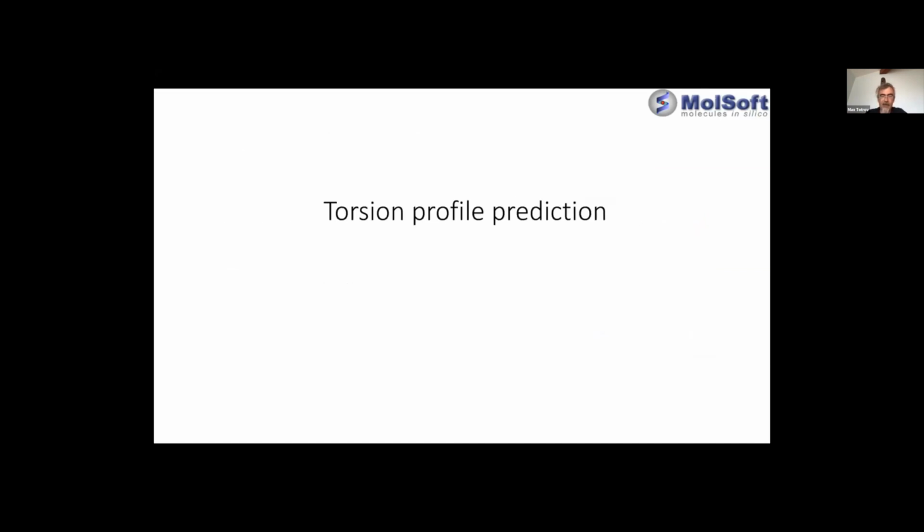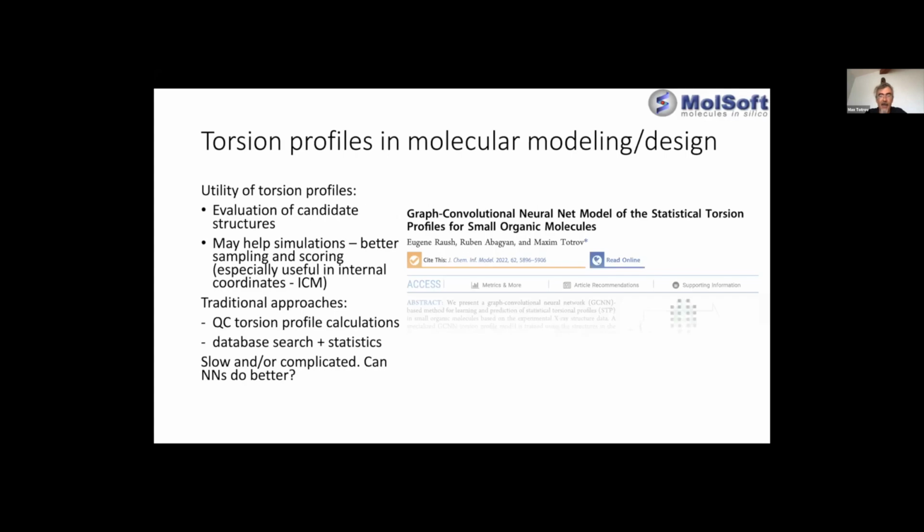Now, I will spend a while on the next model, which was about prediction of torsion profiles. Why torsion profiles? It's a pretty common problem in molecular modeling or design, where you see some model of, let's say, a ligand in a binding site or otherwise, and you want to understand whether it's in a relaxed state, whether the torsions are in the favorable regions or not.